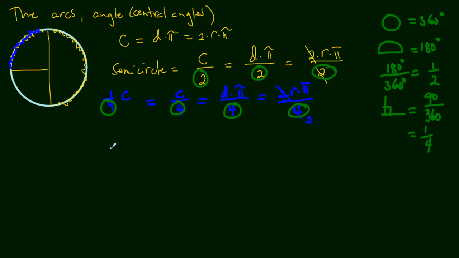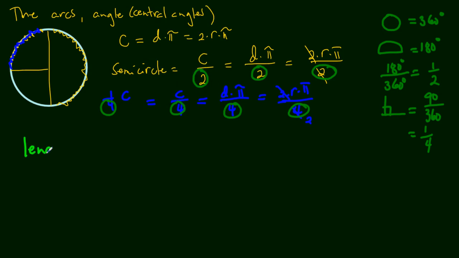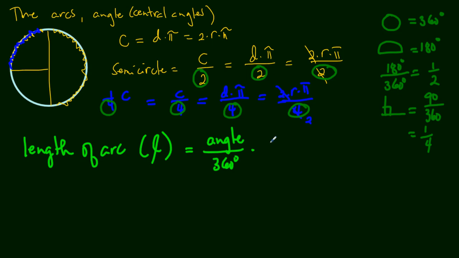That means if I'm going to find the length of any arc, the length of arc, it is given by L, and then it is always the angle divided by 360 degrees multiplied by the circumference of the whole circle.